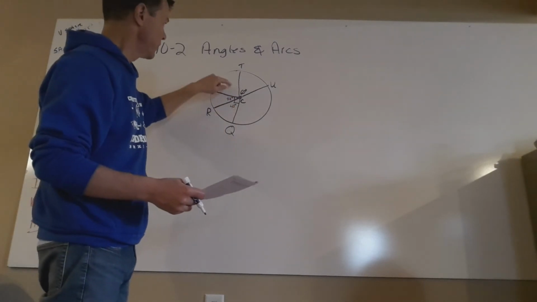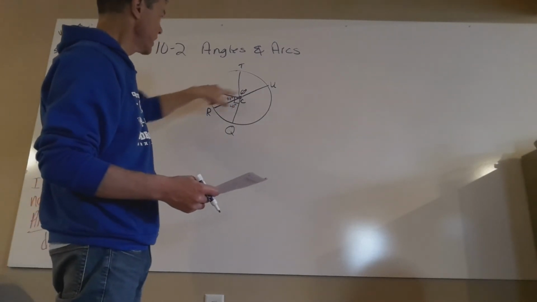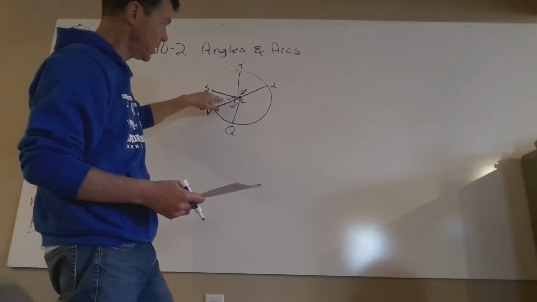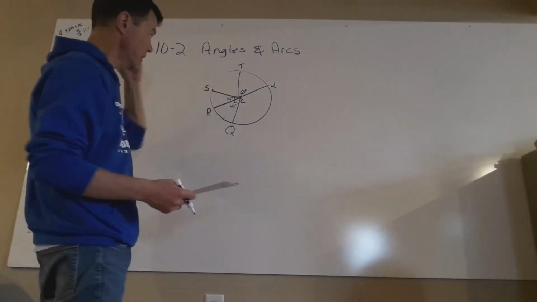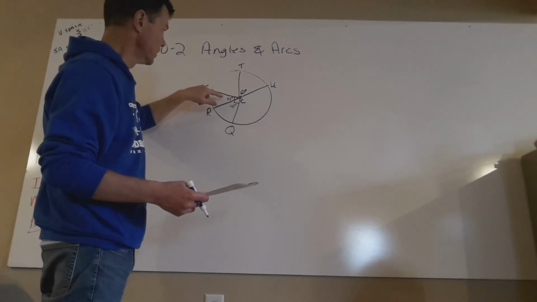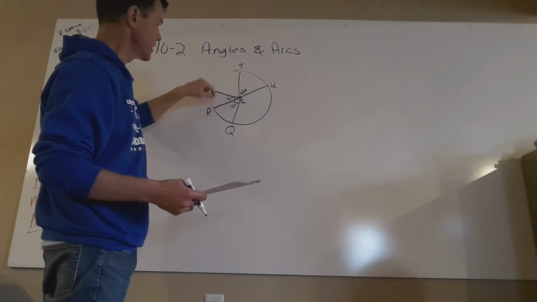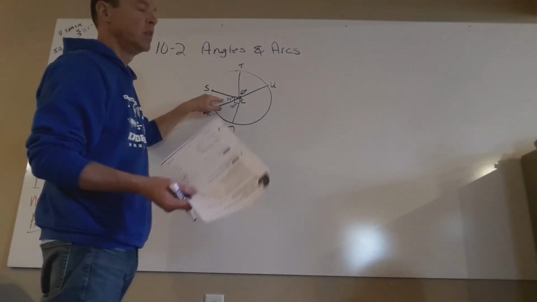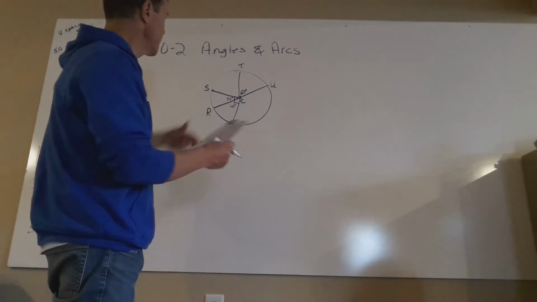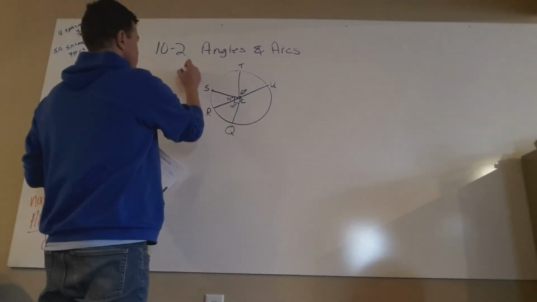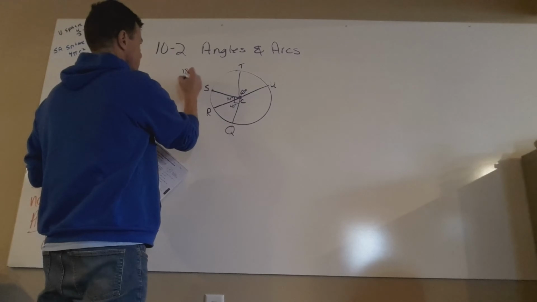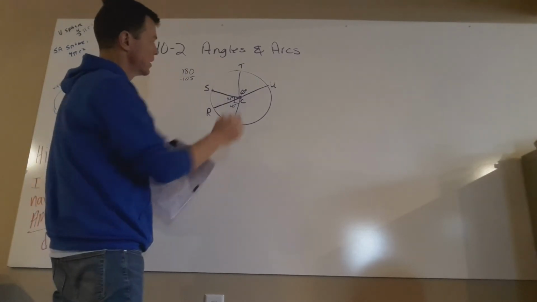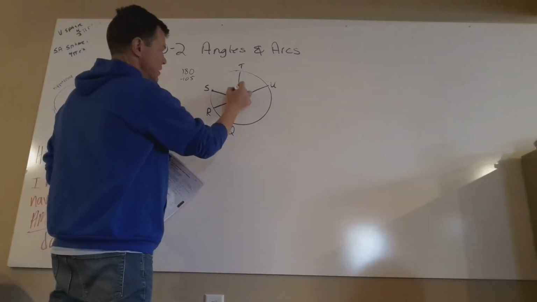So we can figure this angle measure just by adding these two together and subtracting that from 180, because a straight line is formed. So 45 and 60, you have 105. 180 minus 105. All right, you're looking at 75 degrees for this.